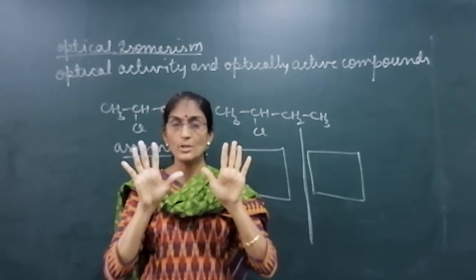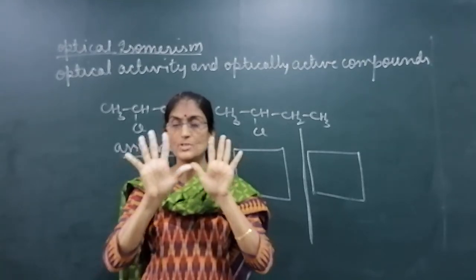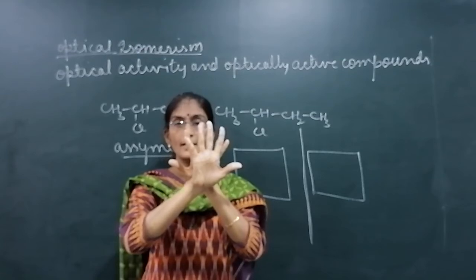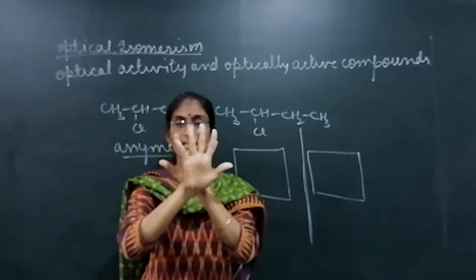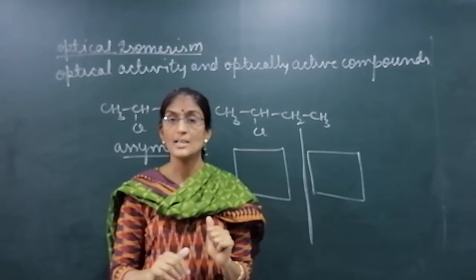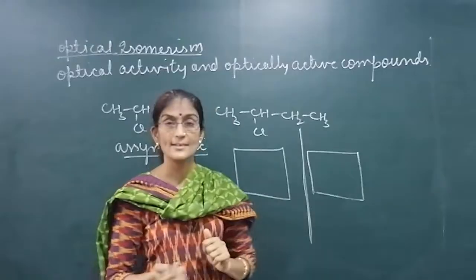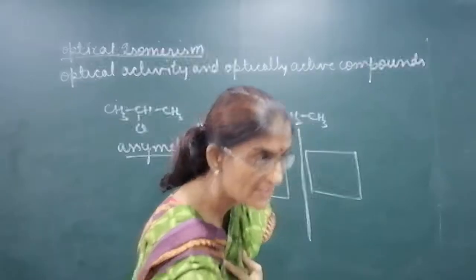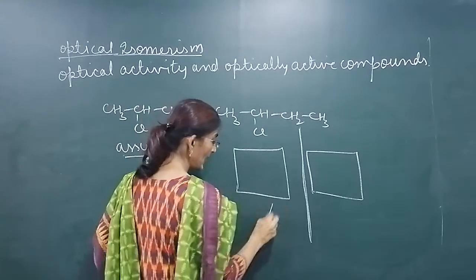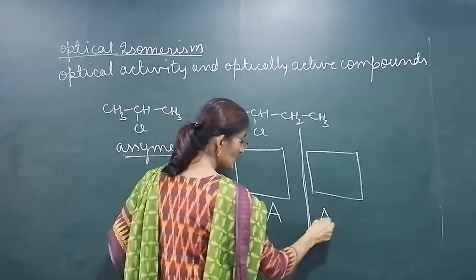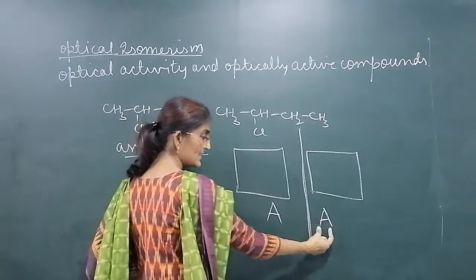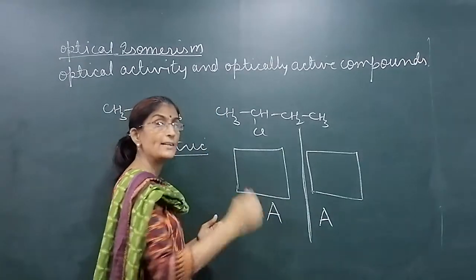They are not superimposable on each other. But there are some compounds whose mirror image is superimposed on them. Second, suppose we take some alphabet like A, then its mirror image will superimpose on it. If I keep this A over here, it will be completely superimposable.